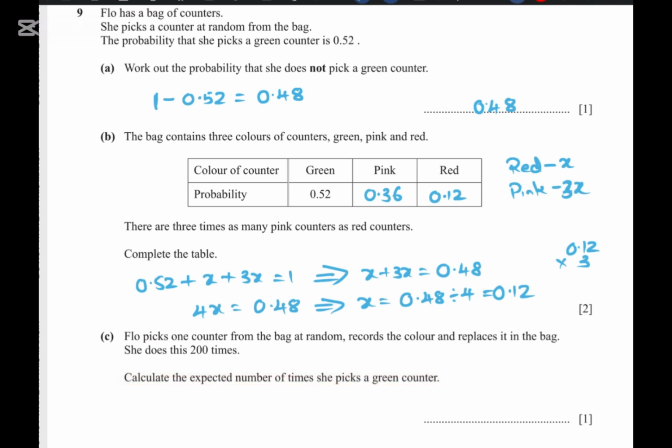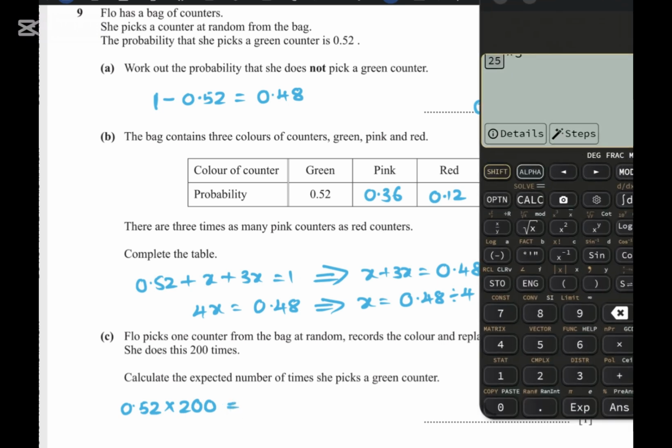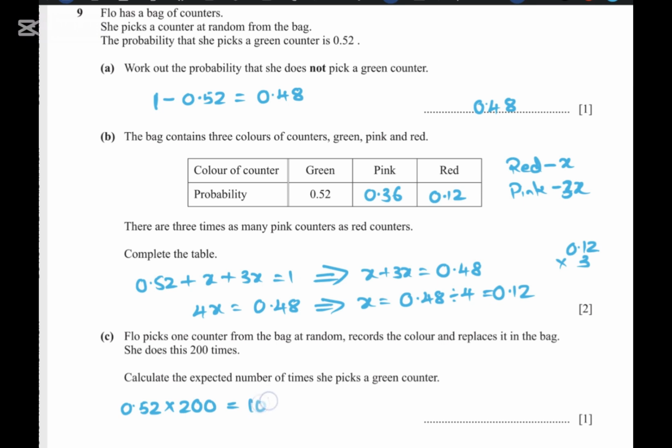So we have to find out how many times she picks the green counter. We know the probability of picking green is 0.52, so multiply that with the frequency, how many times she is doing it. 0.52 times 200, so she picked the green counter 104 times. This is the answer. Question number 9 is done.